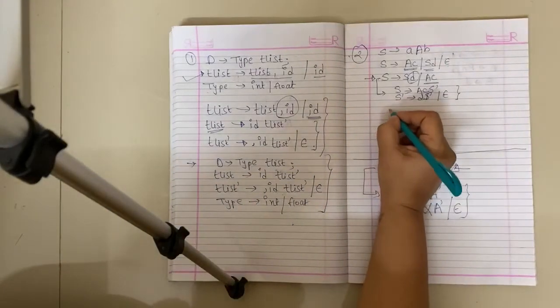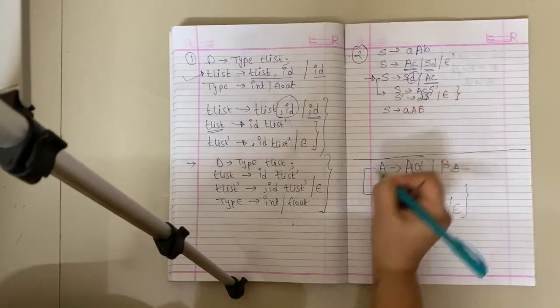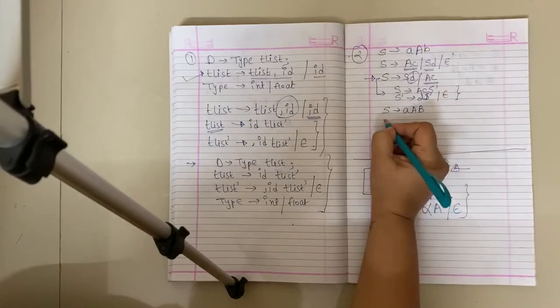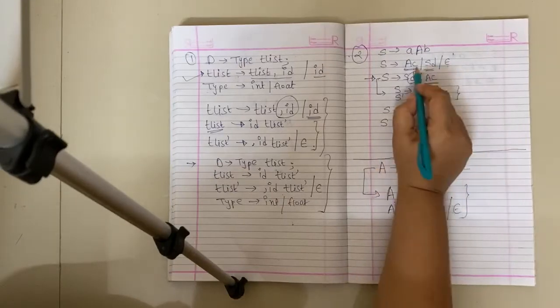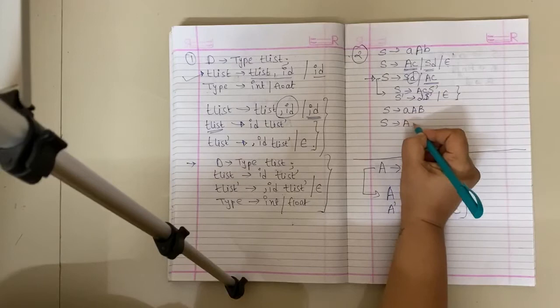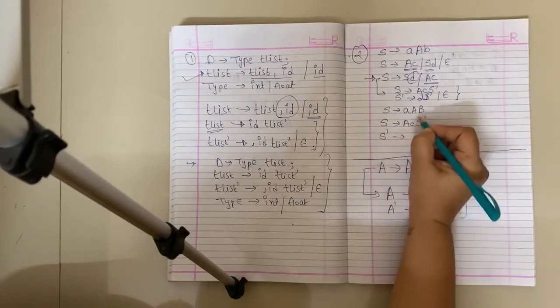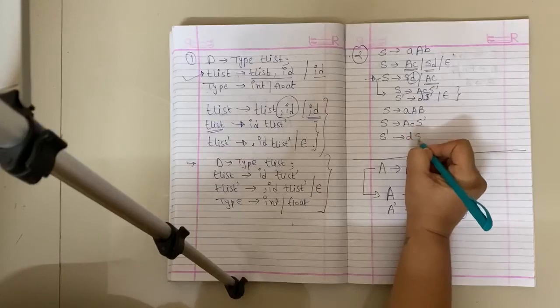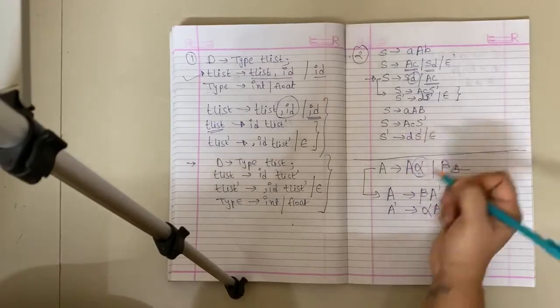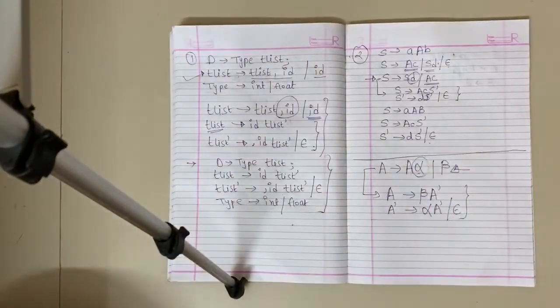So if I write all of them, then it is S derives small a, capital A, B as it is. And next, the equivalent for this is going to be S derives capital A, small c, S dash, and S dash derives small d, S dash or epsilon. And this epsilon is going to be as it is, as we have written over here.